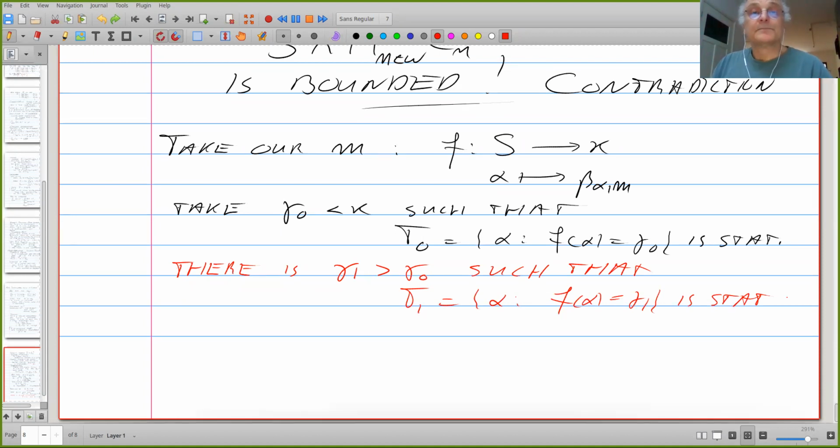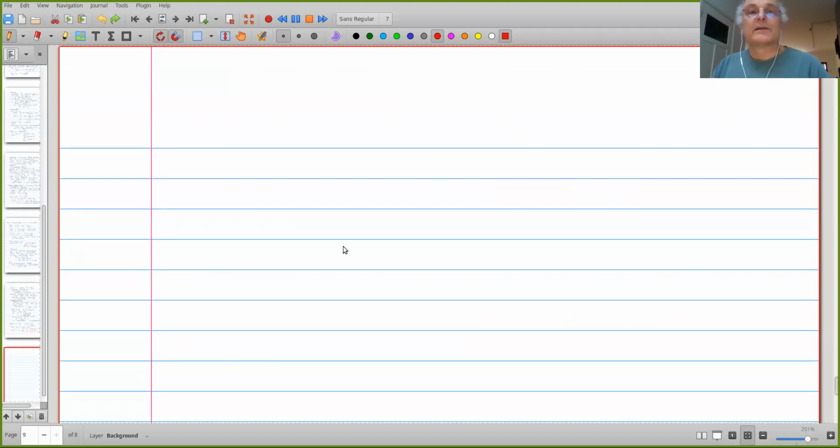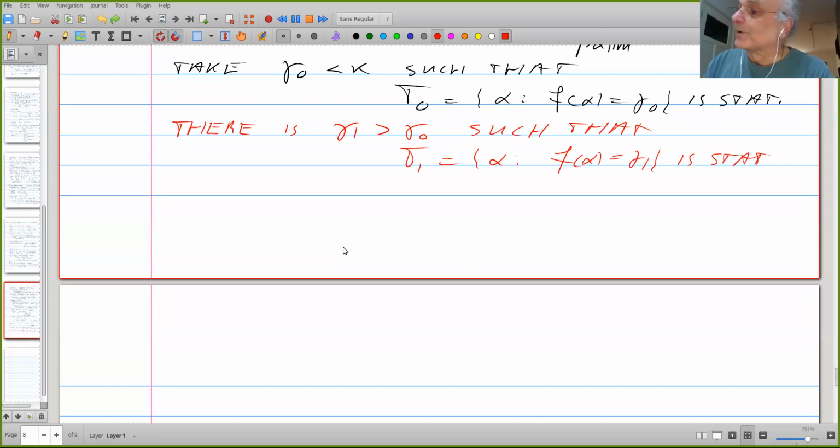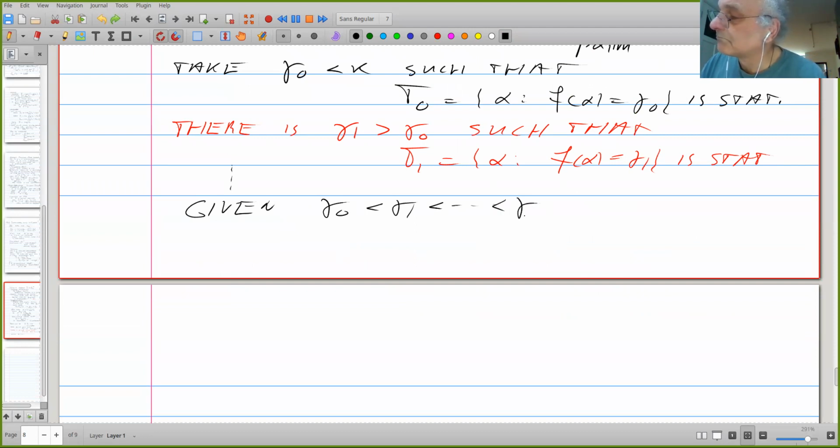Keep going. We are looking at a regular uncountable cardinal. Suppose we are given an eta, and for all the etas less than psi, we have our gammas.